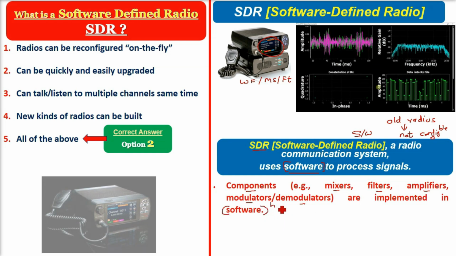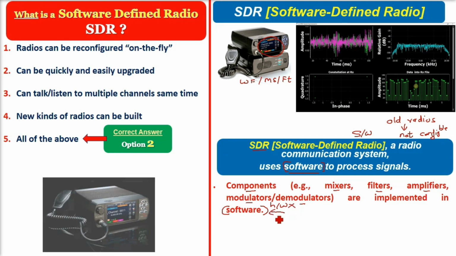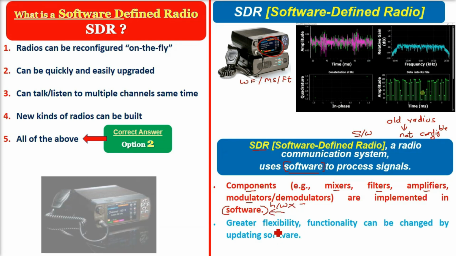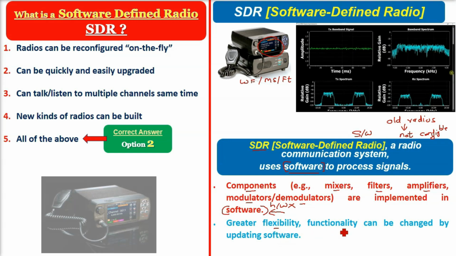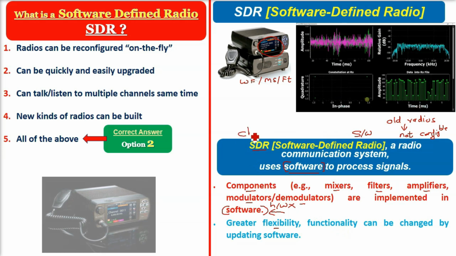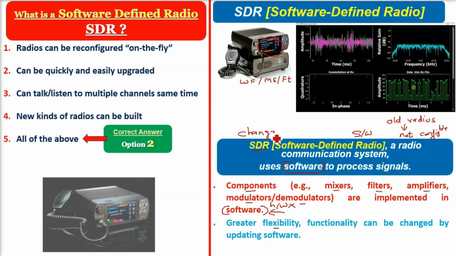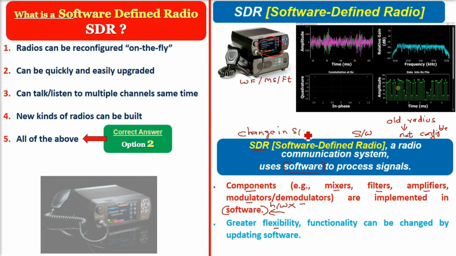So it's all about the softwareness, or putting things in software in a radio. So what is the benefit? This allows for greater flexibility, as the functionality of the radio can be changed simply by updating the software. Just changing or updating the software will work.